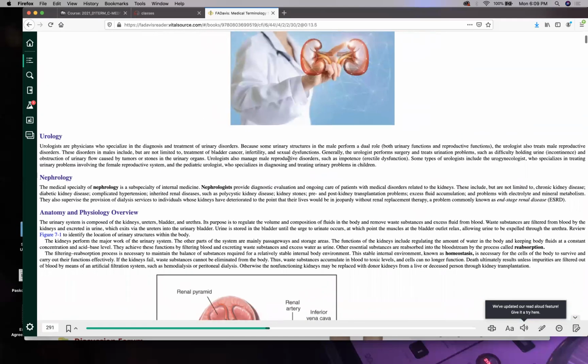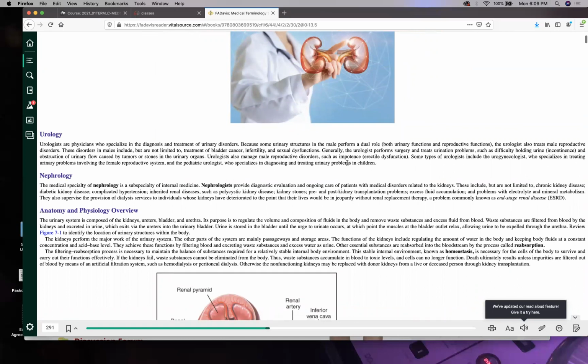Another thing urology does is treat erectile dysfunction in male patients. Females don't have erectile dysfunction, but they could have disorders involving a lack of sexual drive, and the person to go to for that is the gynecologist.